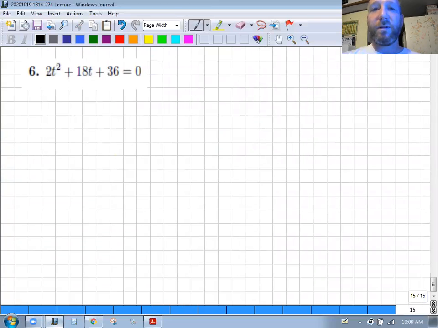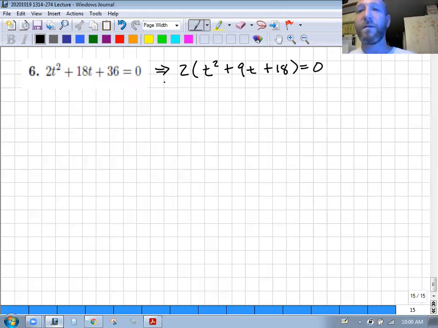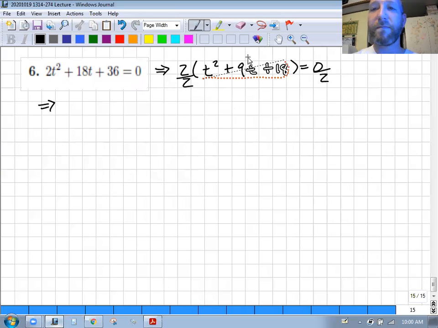All right, this one, let's see, we could pull a 2 out of everything, right? T squared plus 9t plus 18. Now we can just divide both sides by 2. And we're left with just this guy.